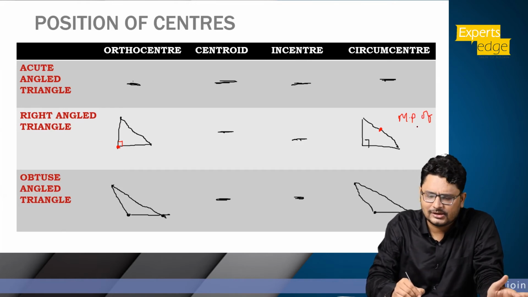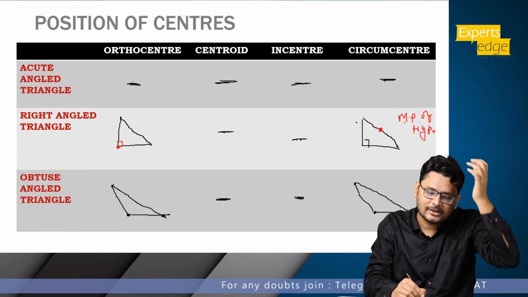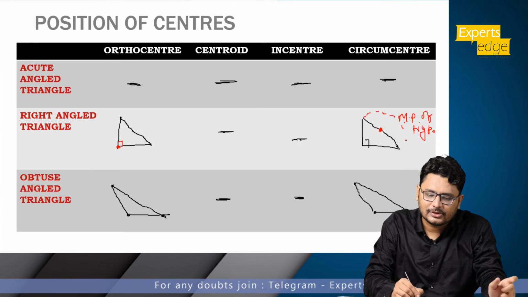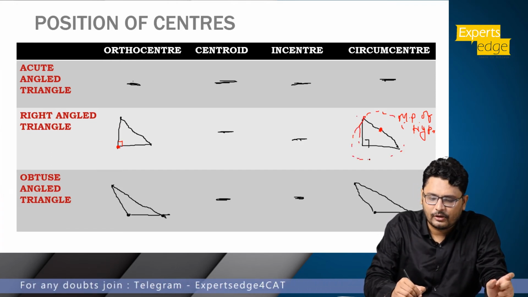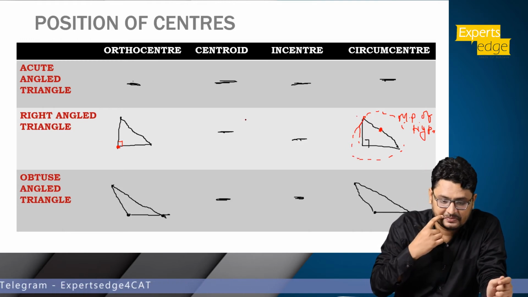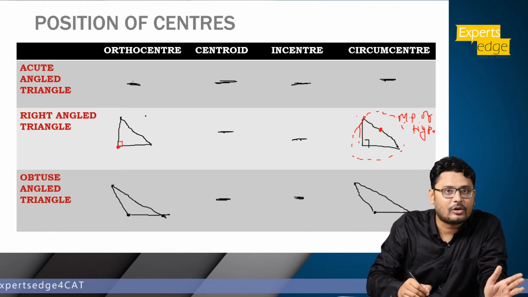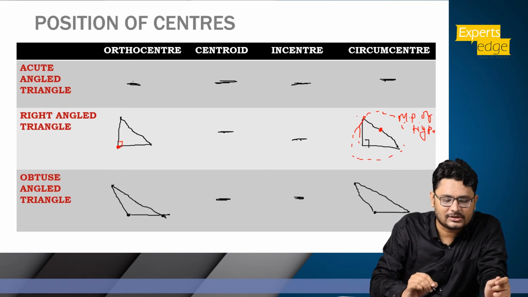It is not inside, it is not outside. It is exactly on the hypotenuse in the middle, because यहाँ पे circumcenter, इसको रेडियस लेके आप सर्कल बना सकते हो, राइट? सो दिस इज अ पोजीशन ऑफ circumcenter, और राइट एंगल ट्रायंगल में ऑर्थोसेंटर की पोजीशन रहेगी 90 डिग्री पे. ठीक है, सो प्लीज रिमेंबर दिस पॉइंट.